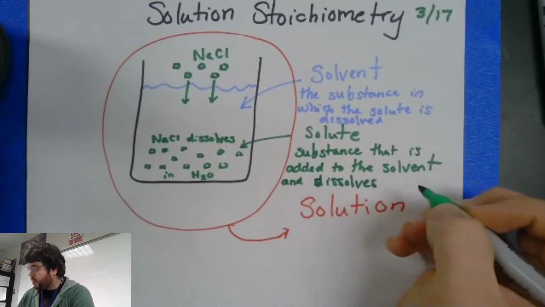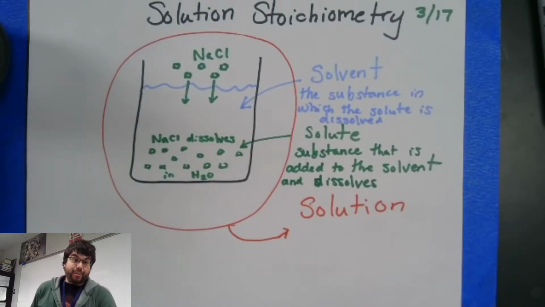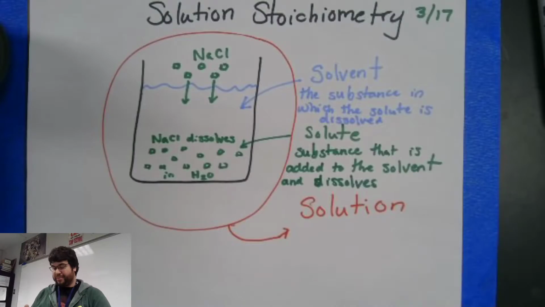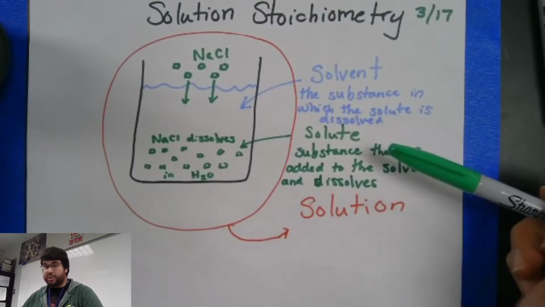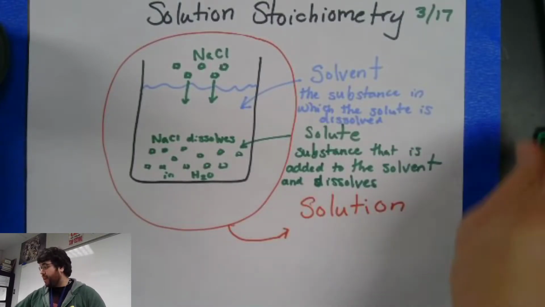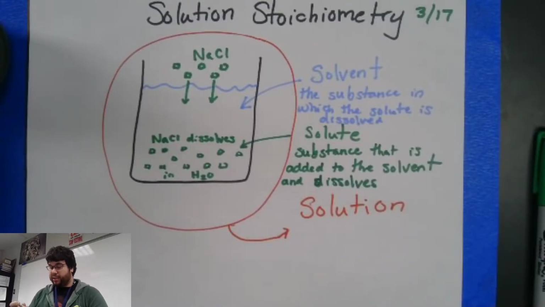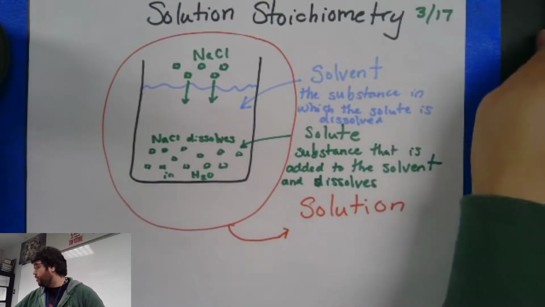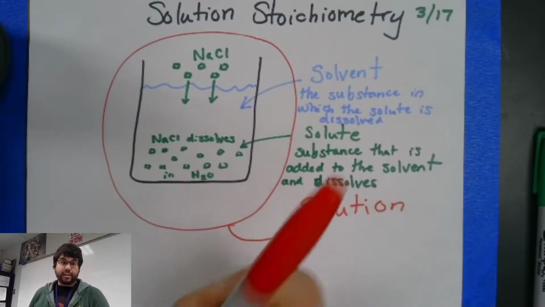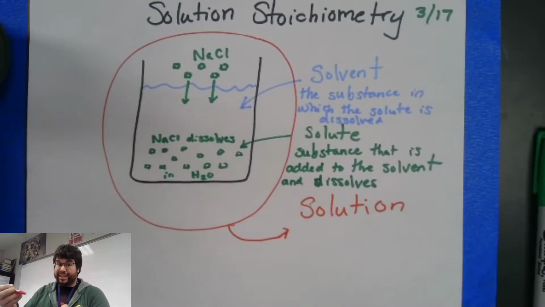I'm going to try to use markers because it's a little bit cleaner and looks better, I think, on the screen. Now, when you mix these two things together, when you have the solvent and the solute dissolved, you have what is known as a solution. A solution is a mixture of the solute and the solvent.